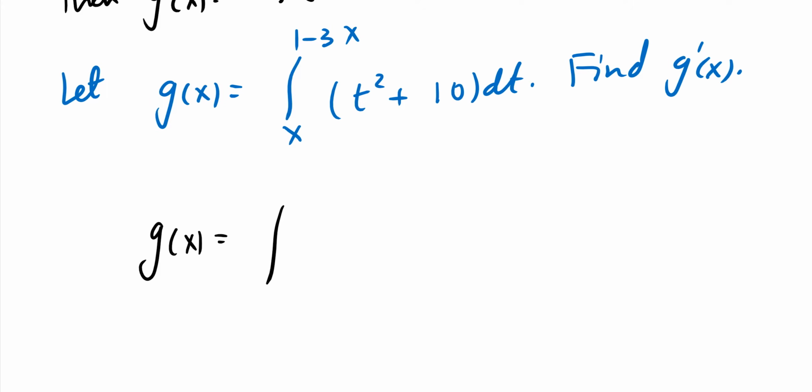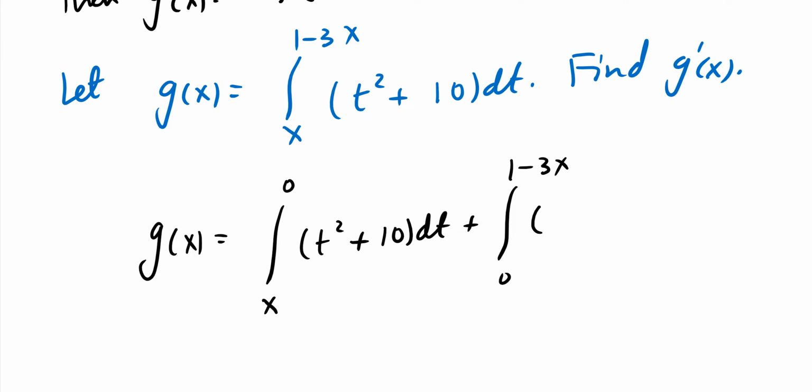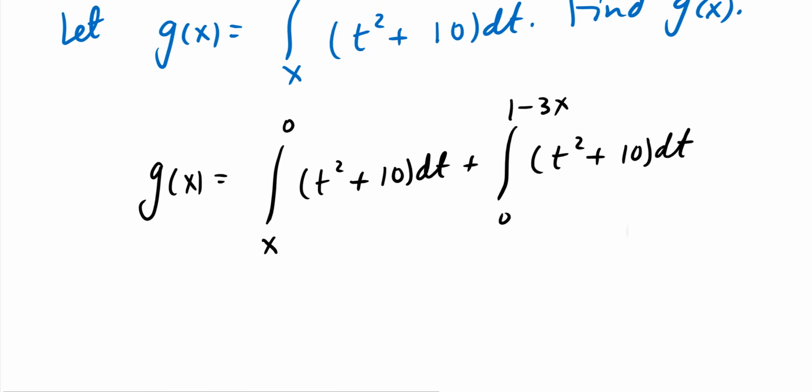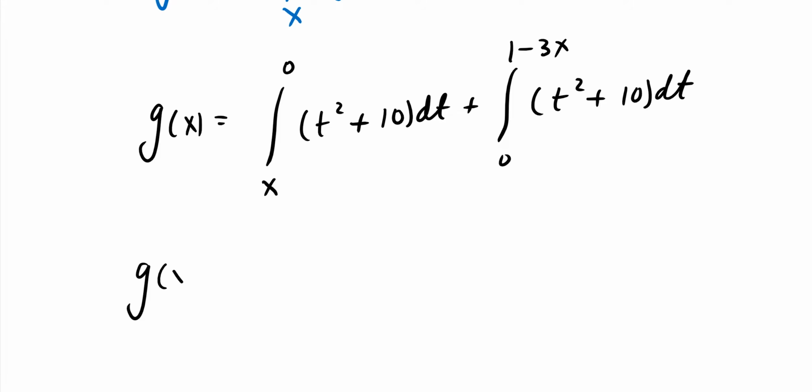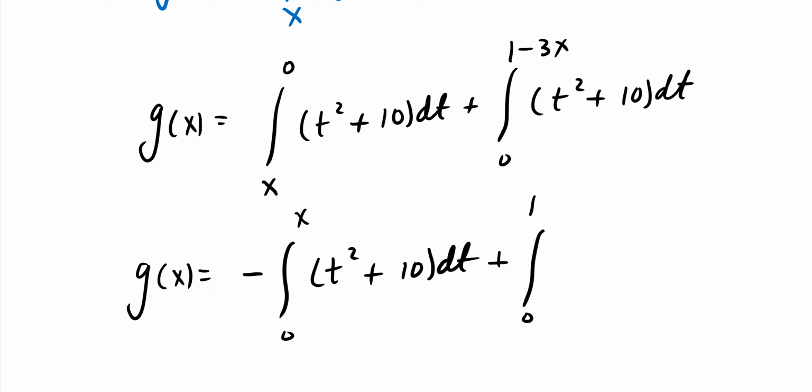What needs to be done? Split it: x to 0 of t squared plus 10 dt, plus 0 to 1 minus 3x of t squared plus 10 dt. Then, next we swap the bounds: 0 to x of t squared plus 10 dt, plus 0 to 1 minus 3x stays the same.